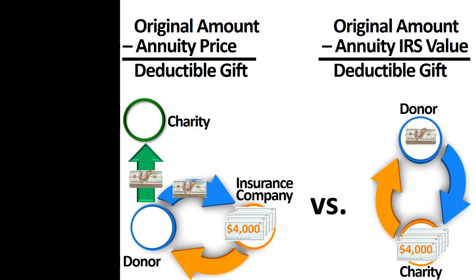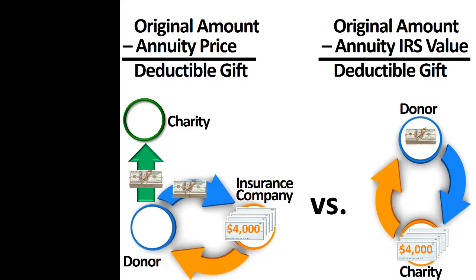The deduction generated by the substitute transaction, that is, purchasing a commercial annuity from the insurance company and donating the remaining cash to the charity, will be lower than the deduction generated by a comparable charitable gift annuity. With the charitable gift annuity, the charitable deduction is the amount transferred less the value of the annuity as determined by the IRS tables.